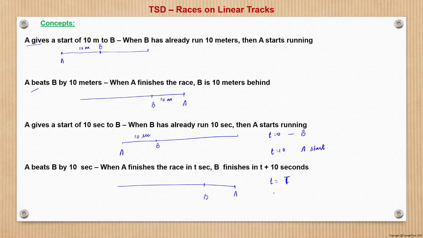In time equivalent, we can say that the time when B finishes the race is nothing but t plus another 10 seconds. So A beats B by 10 seconds means B takes an additional 10 seconds to finish the race. This is broadly what this means. When we solve the questions, we come across all of these terms, and the concepts will be even clearer at that point of time.